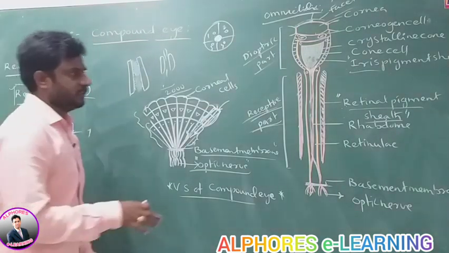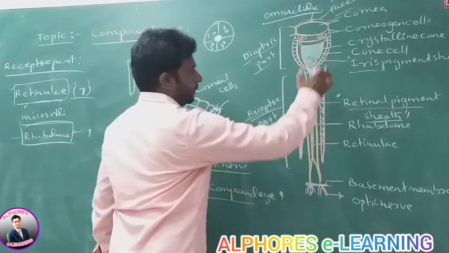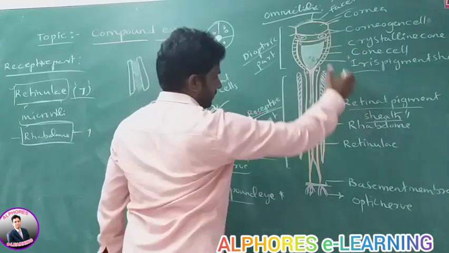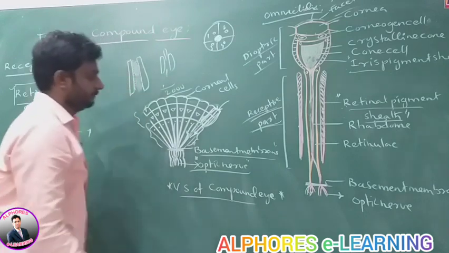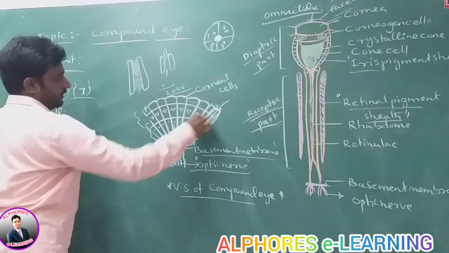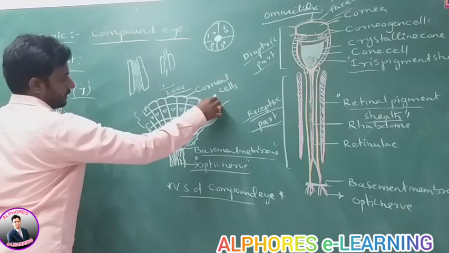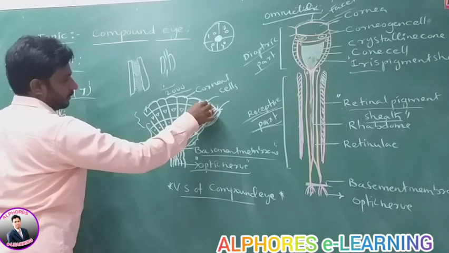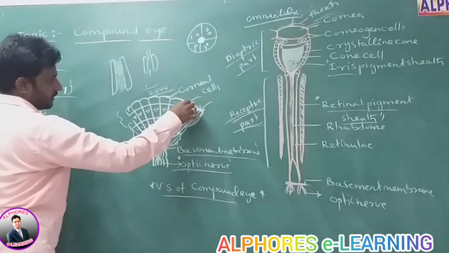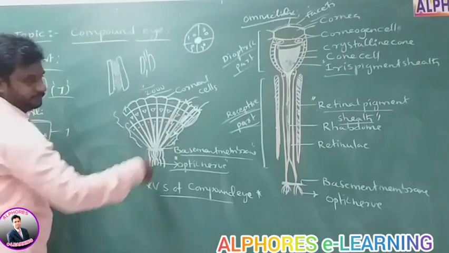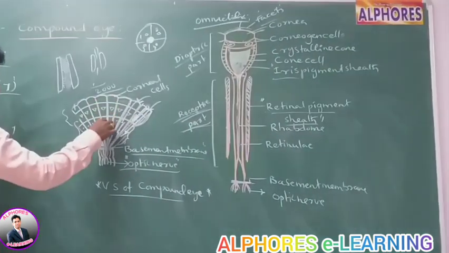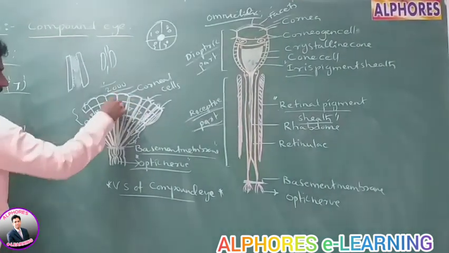What is the function of this sheath? It prevents the entry of light coming from adjacent ommatidia. For example, here one sheath is present. Light is focused on the cornea here, so it receives the light which is focused here only, not from here, because both ommatidia are separated by the sheath.